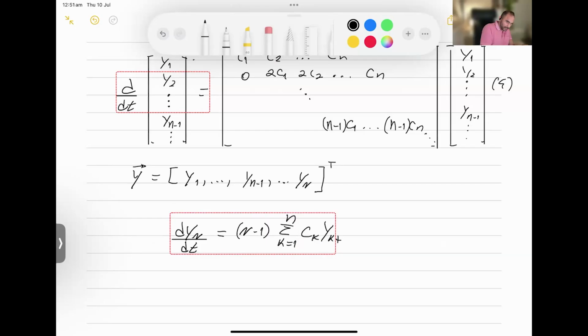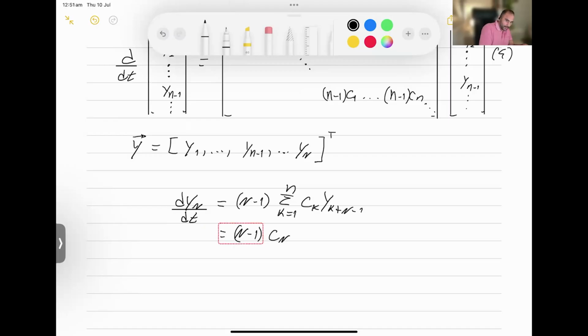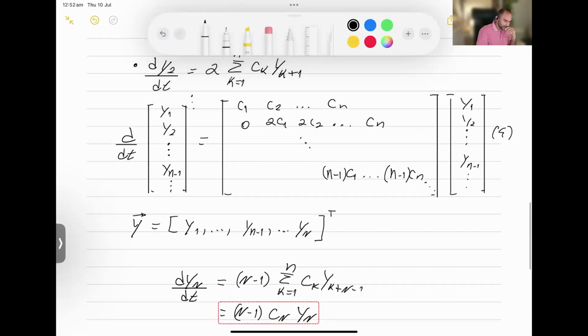However, notice that I don't have more components. This sum, this linear combination of y's, stops already at capital N, right? You don't have more components to go because I truncated. So at the end, you're going to get just capital N minus 1, the C N Y N, and what I'm going to finish with is just to make things quicker here.